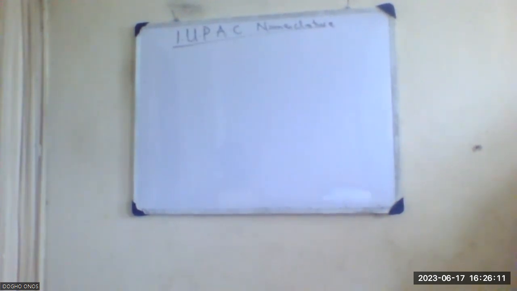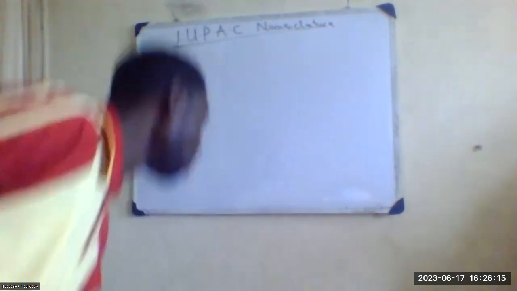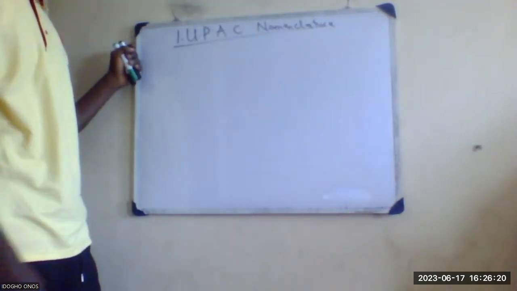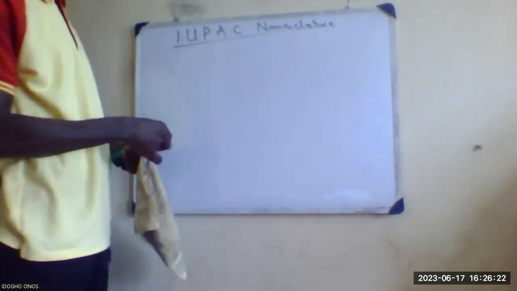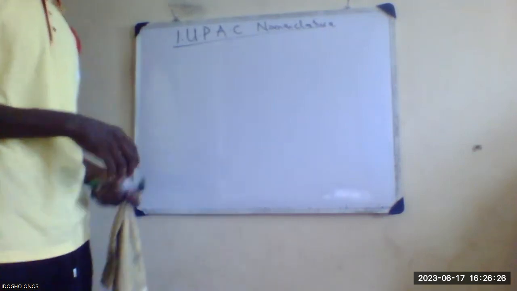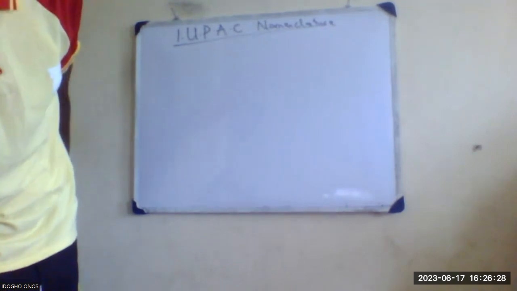Okay, so IUPAC nomenclature. You don't need to be asking the students what is the meaning of IUPAC, but let them know. I've never seen any question where they ask what is IUPAC. IUPAC simply means International Union of Pure and Applied Chemistry.